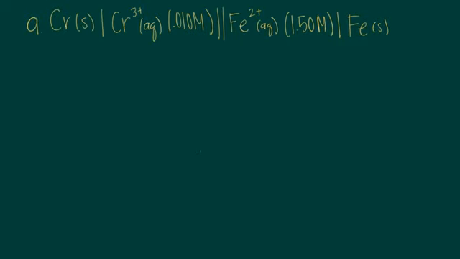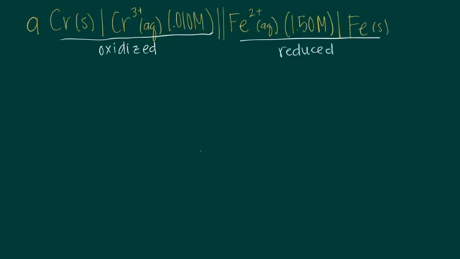So, in part A, we are asked to find the overall reaction. For this voltaic cell, we know that the left side of the cell notation is going to be oxidized, while the right side is going to be reduced. So we can start out by writing both of these in the reduction form.